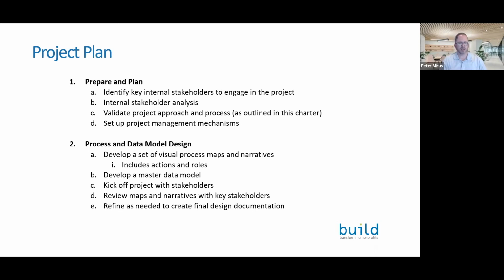And that is really the start of doing a change impact analysis, which can be very helpful for evaluating how to do your communications training and support later on, both prior to, during, and after your rollout effort. And then set up, finally, validate the project approach and process, and then do the setup for project management tools and mechanisms, which we'll also be talking about in a few minutes.